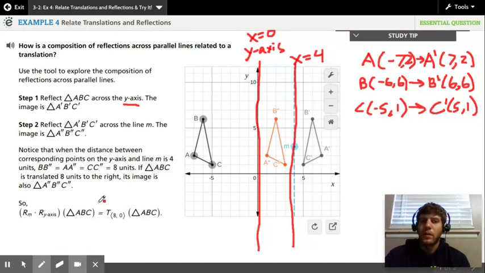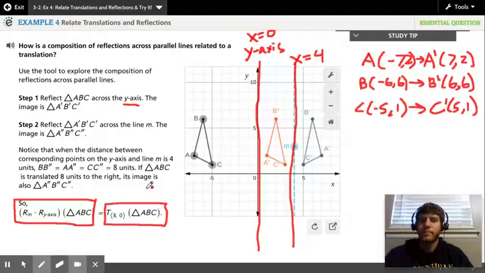So a double reflection over parallel lines is going to be the same as a translation.